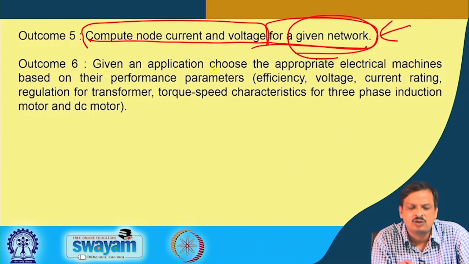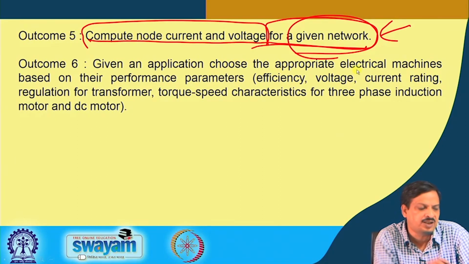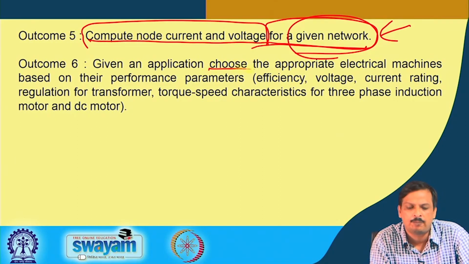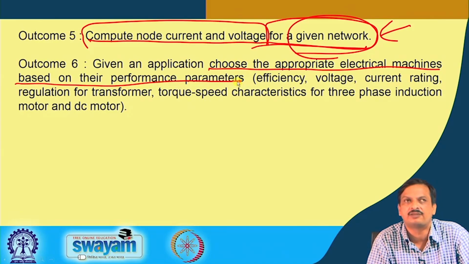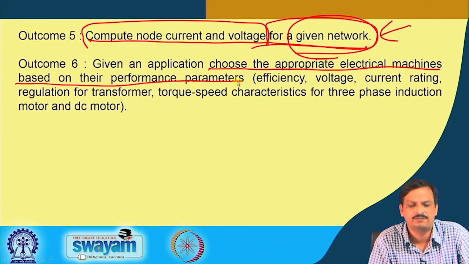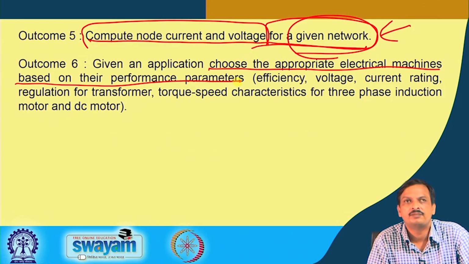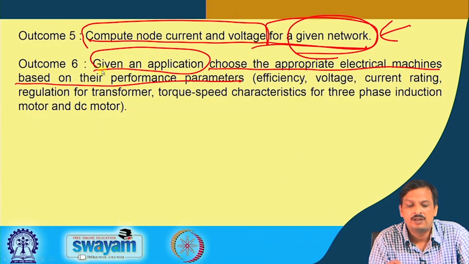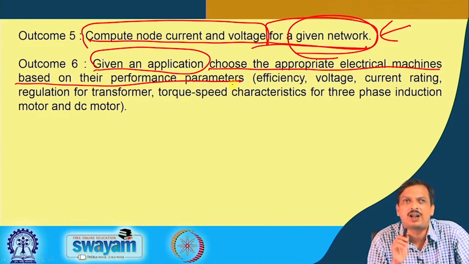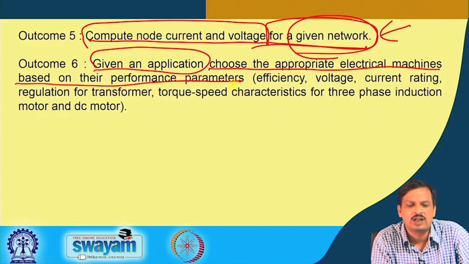Given an application, choose the appropriate electrical machine based on their performance parameters. Parameters are given. So, given an application is the condition, and based on the performance parameters is the criteria. What has to be done?